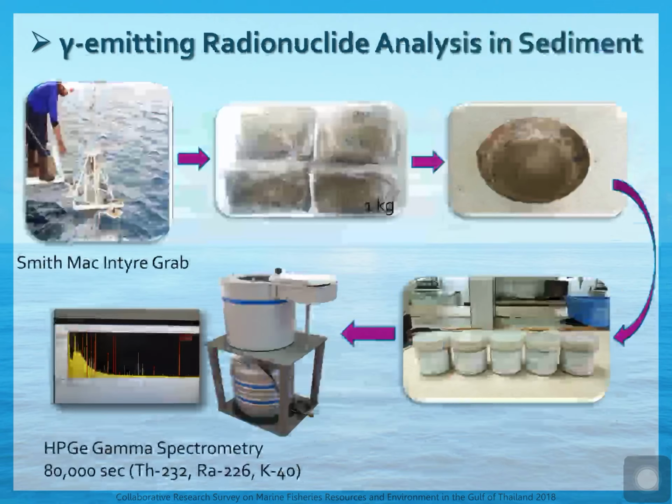For this process, we measure again the gamma emitting radionuclides, including radium-226, potassium-40, and thorium-232.